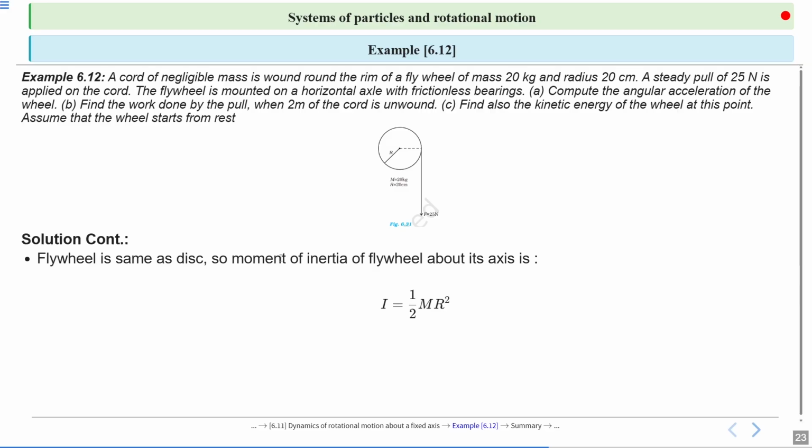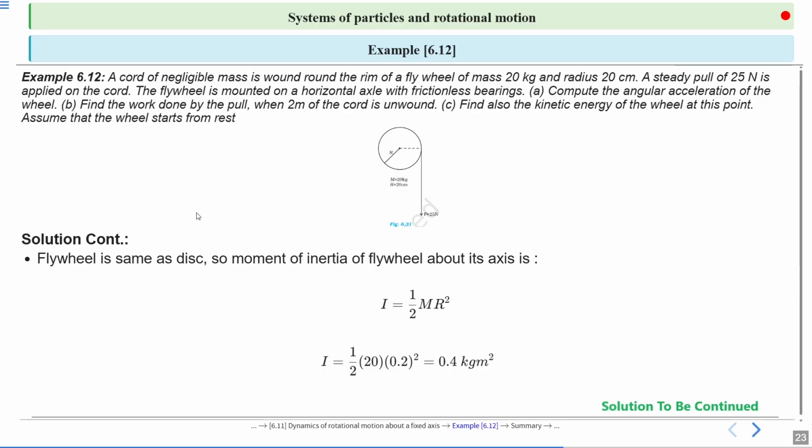So the moment of inertia of the flywheel about its axis is I equal to 1/2 mr squared. Just put the value of m, the mass that is 20 kg, and the radius 0.2, and squaring the radius, you will get 0.4 kg meter squared. So this is the moment of inertia of the flywheel about its axis.